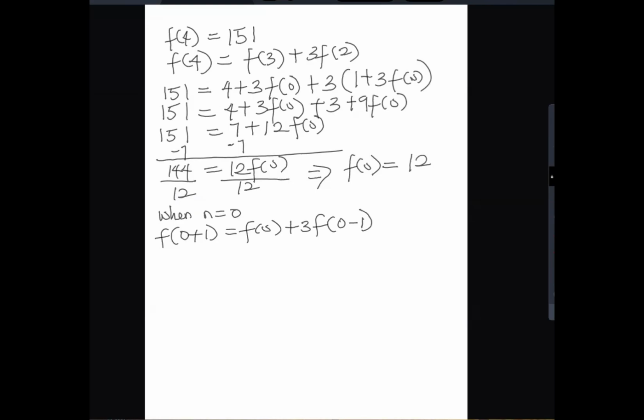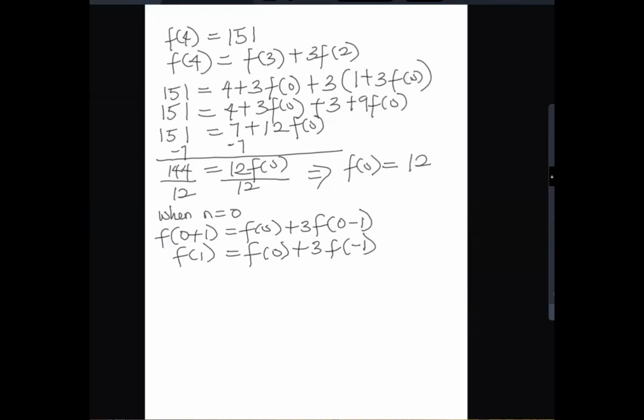From this now, I will get f of negative 1. So this becomes f of 1, which is equal to f of 0 plus 3 f of negative 1. So if you look at this properly, we have the value of f of 1. We know the value of f naught. So the only unknown here will simply be f of negative 1, which is what we were actually asked to find from the question.